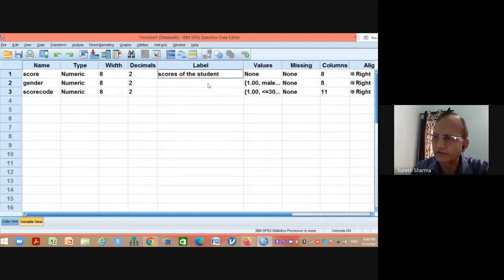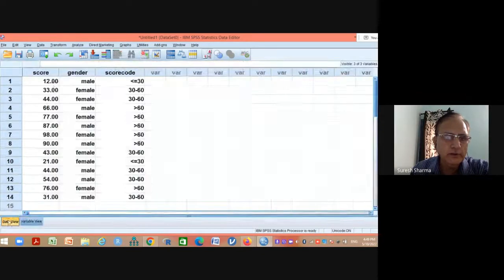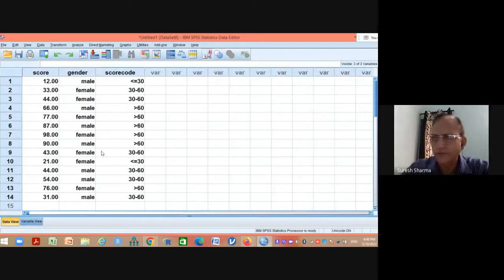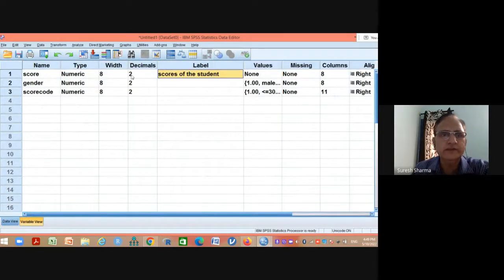Let me give this label, scores of the students. Nothing will happen in the data view, but if somebody reads the file and goes to the variable view, he will come to know that this variable stands for the scores of the students. The next is a gender variable where 1 is male and 2 is female. Next is an ordinal variable where score code has been divided into 3 categories. So everything will be clear.